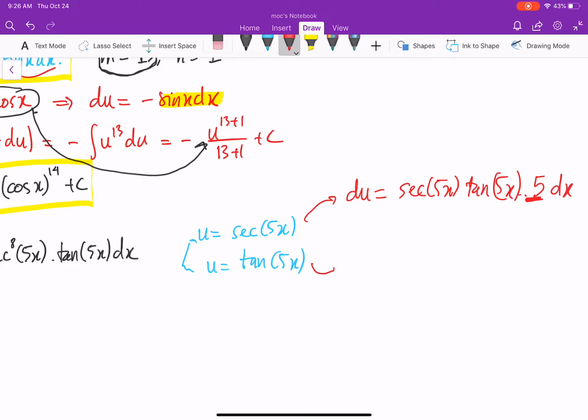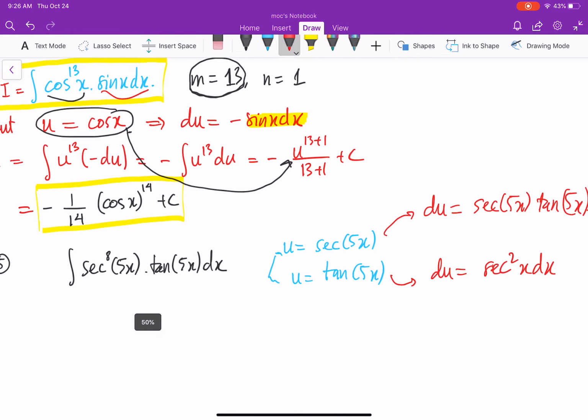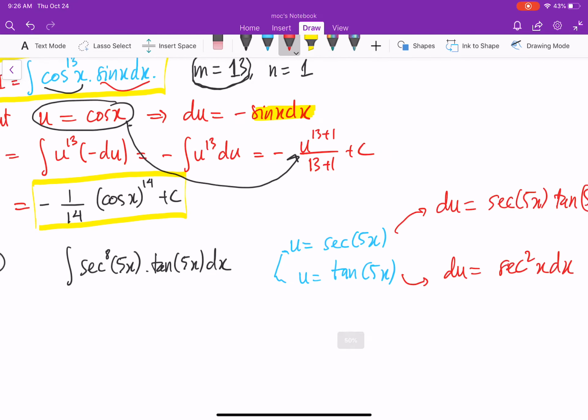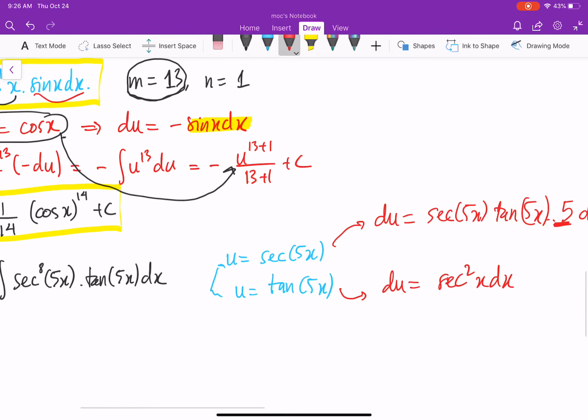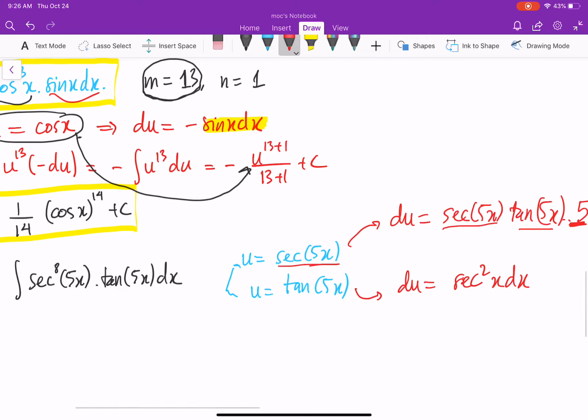For the other choice, you have du is secant squared 5x dx, times 5. Now let's look at the original integral right here. For the first choice, if you put u equal to secant 5x, you get du with secant 5x tangent 5x. It seems to be good. Why?